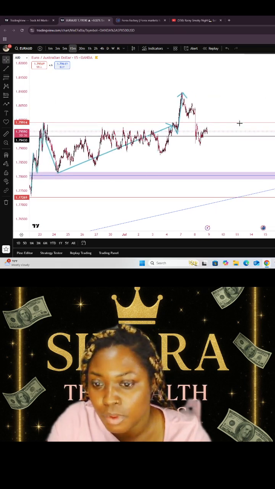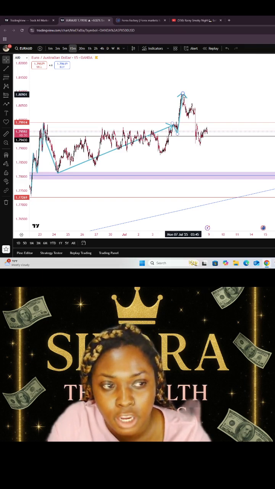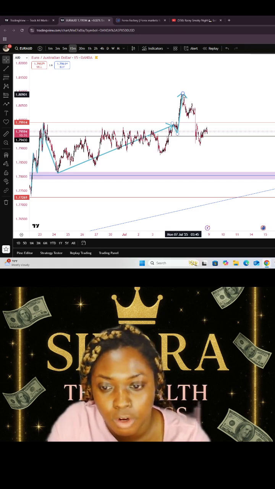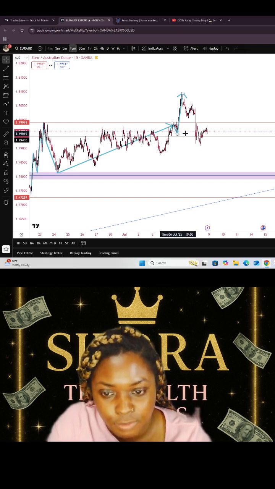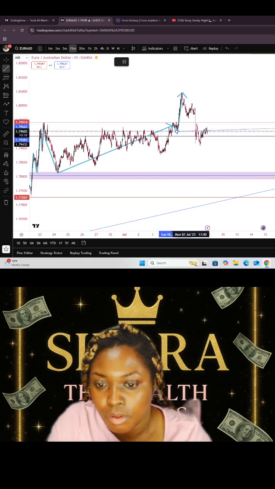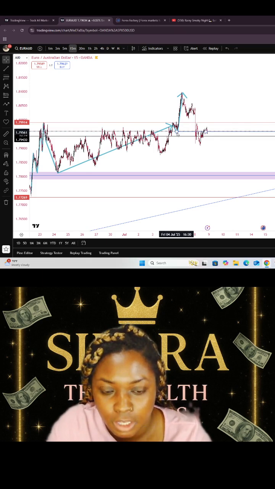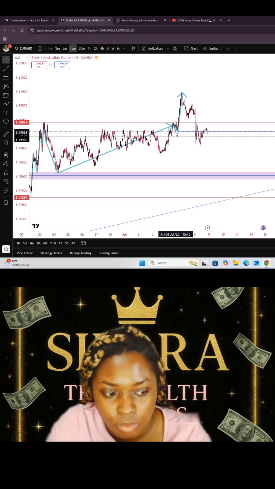The area that takes you to your higher high or to your lower low is where you're looking for your break of structure. So this area is my break of structure. Price officially gave me a lower low because it's lower than my last higher low.